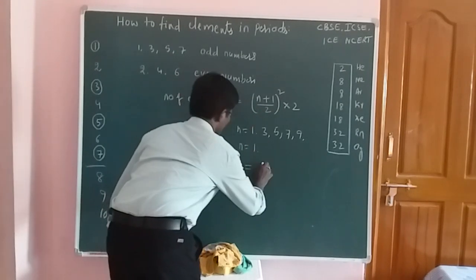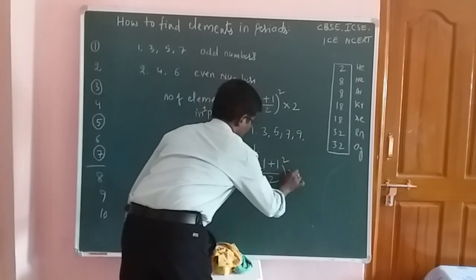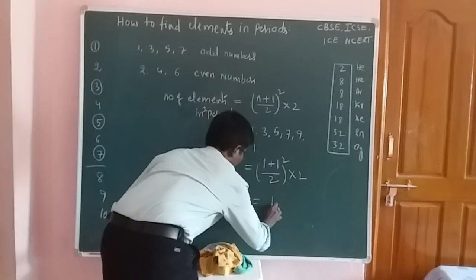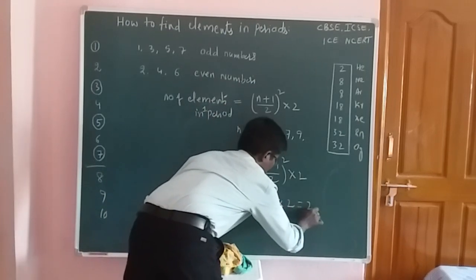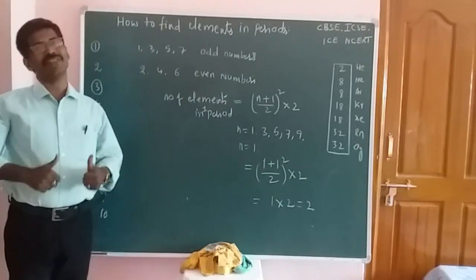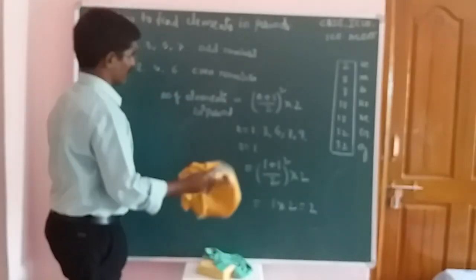That is equal to ((1 plus 1) by 2) whole square into 2. After cancellation, we get 1 into 2, that is equal to 2. So 2 elements are present in the first period. Okay students, clear.